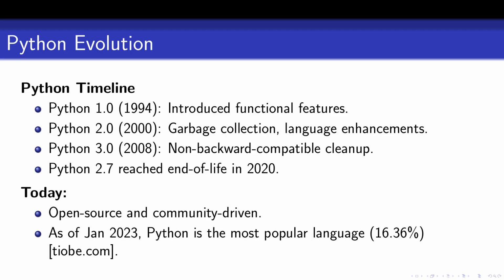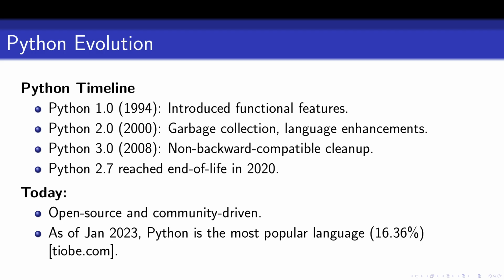But Python 3.0, launched in 2008, was a big shift. It fixed several design issues from earlier versions, but in doing so, it broke backward compatibility, meaning code written in Python 2 didn't automatically work in Python 3. This created a long transition period, and Python 2.7 remained in use for years. It officially reached end of life in 2020, and since then, Python 3 has become the standard.